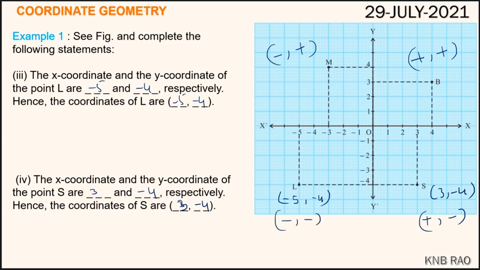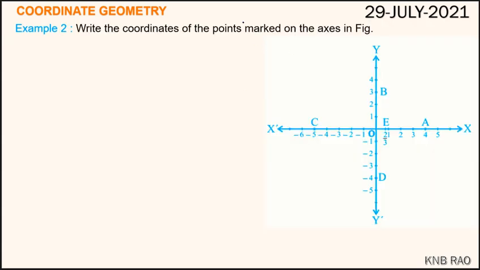Example number 2 is, write the coordinates of the points marked on the axis given in the figure. In this figure, you could see here A, B, C and D. Oh, there is one more, E also is there.